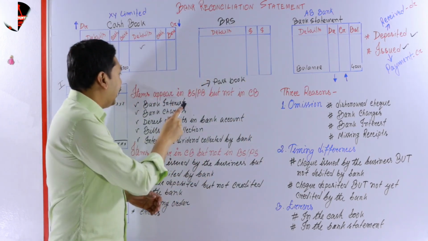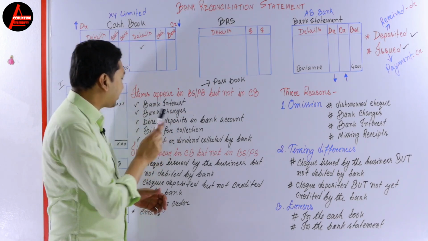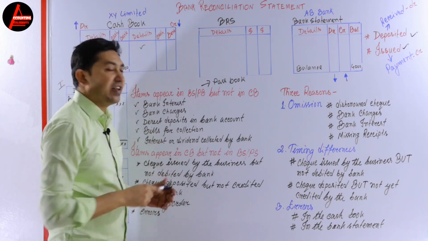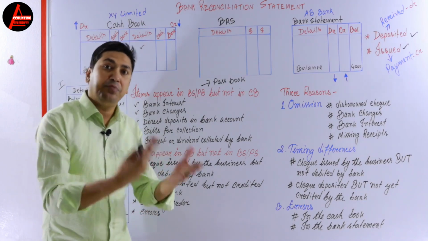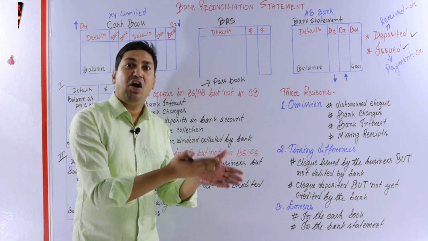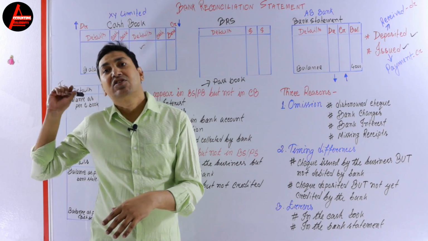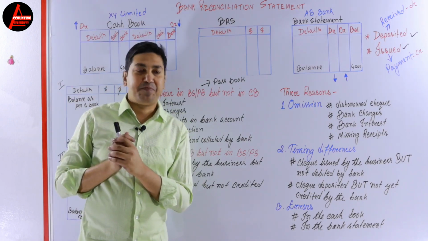So what are these? Interest, bank charges, direct deposits, bills for collection, interest or dividend collected by the bank. On behalf of you, the bank collected the interest for the investment or any kind of dividend of the shares, but your business does not know, the business did not record that.